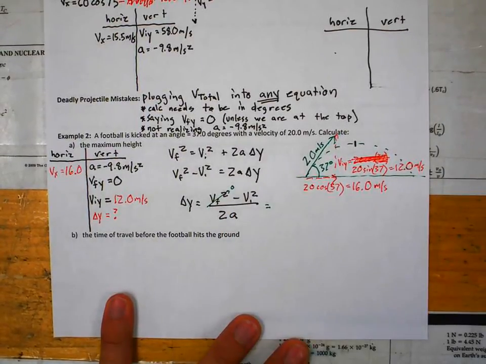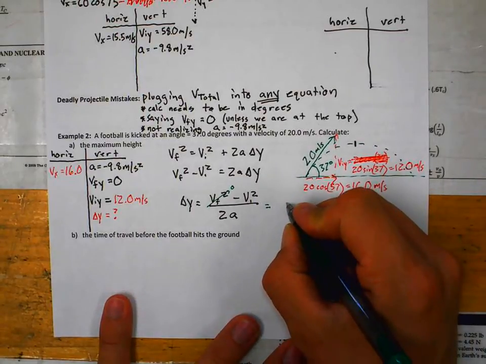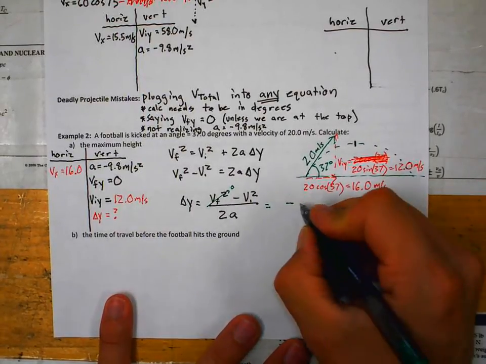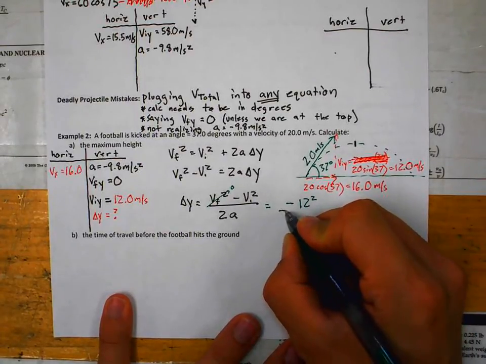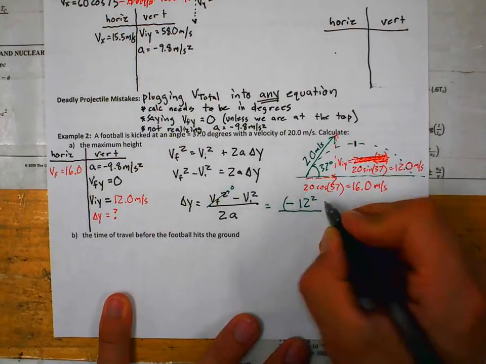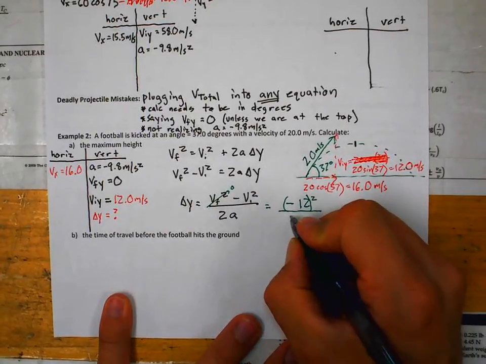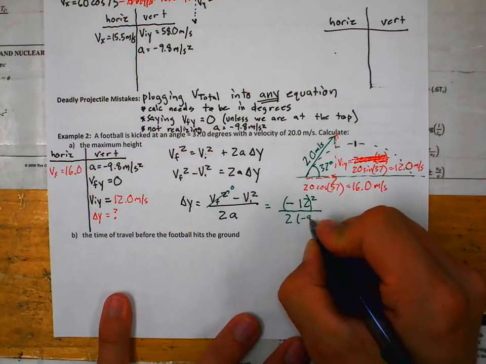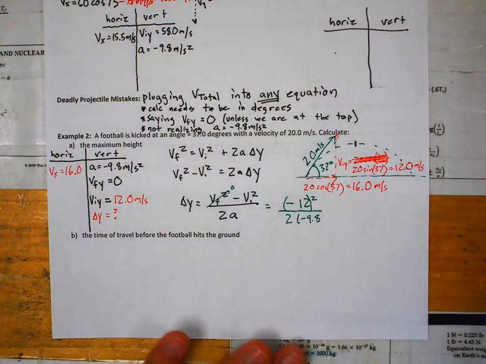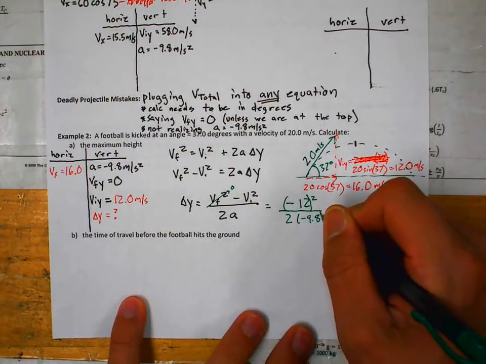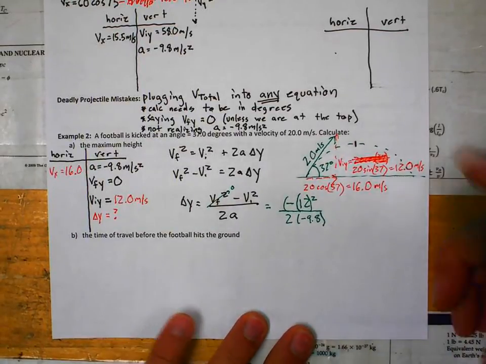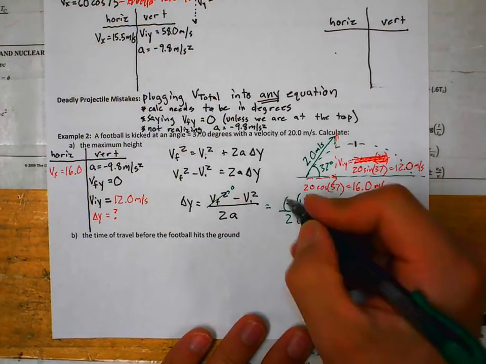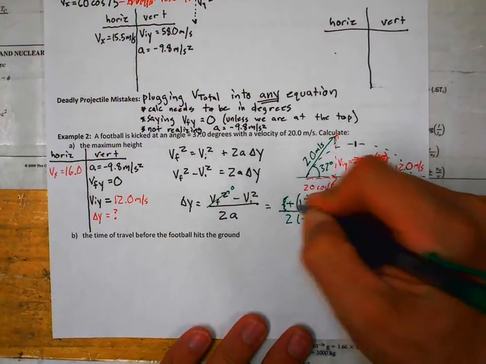That goes away. Minus my V initial, so that's 12 squared, over two times negative 9.8. Oops, sorry, we don't square that minus sign. We square this, then we are subtracting it. And that means both of these are going to cancel.